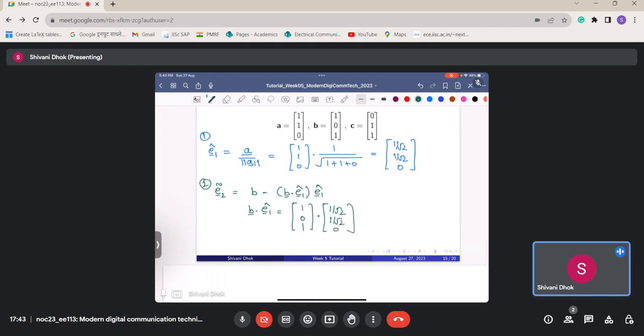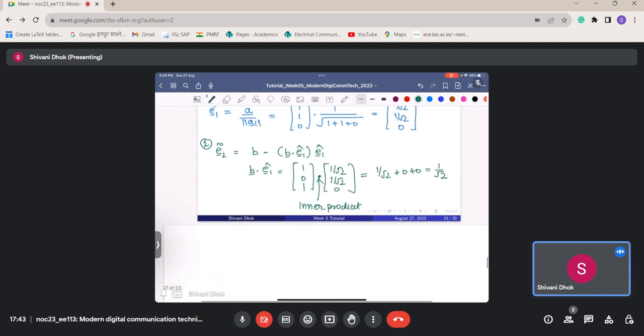When I'm writing this dot product, this means that this is an inner product. And this is equal to 1 by root 2 plus 0 plus 0. That is 1 into 1 by root 2 plus 0 into 1 by root 2 plus 1 into 0. So this is 1 by root 2.